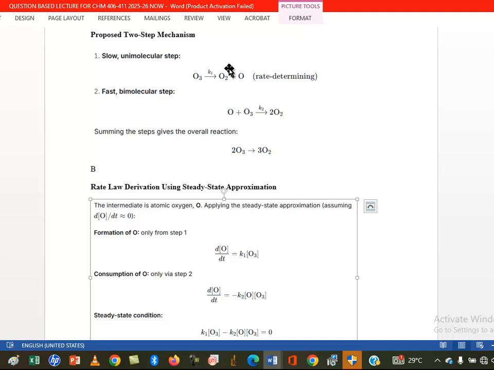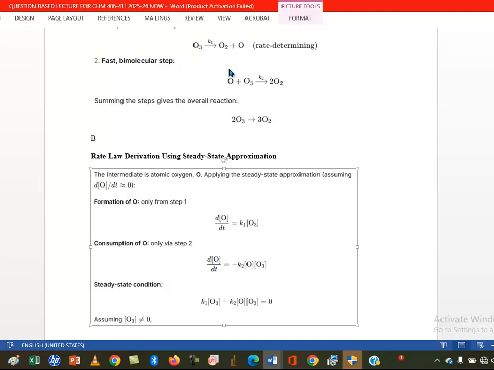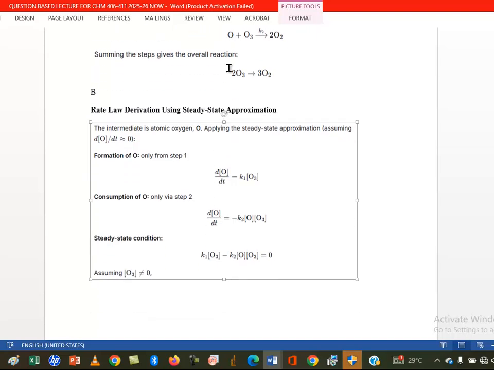Now remember, like I did in class, in your steady state approximation the major step is where you equate it to 0. So the change in concentration of the intermediate over time will be equal to 0. And so what you get here is K1[O3] for the first step, minus K2[O3][O] for the second step, equal to 0.